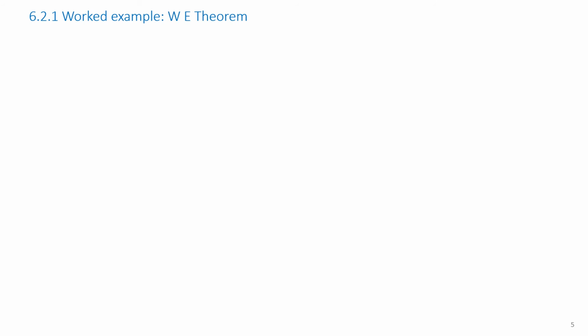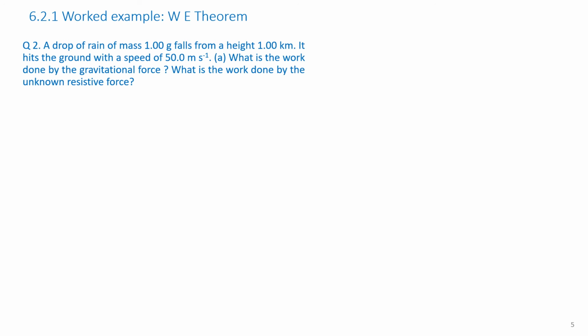Let us solve some of the problems on the work energy theorem and work. Question number 2. A drop of rain of mass 1 gram falls from a height of 1 kilometer. It hits the ground with a speed of 50 meters per second. Question A is, what is the work done by the gravitational force?